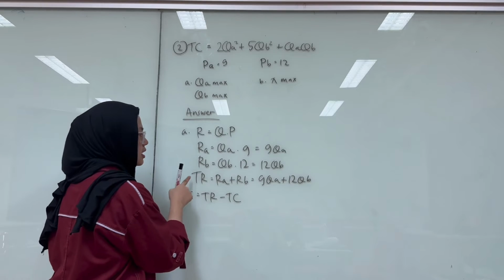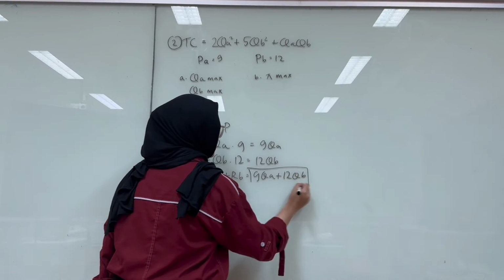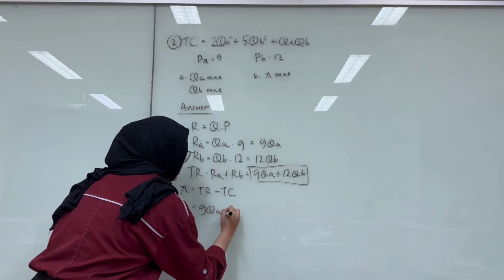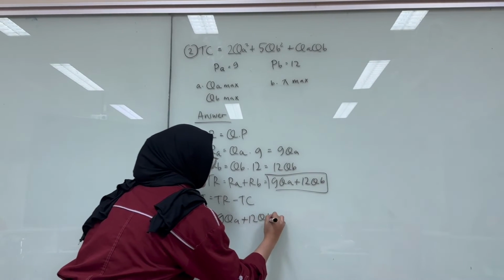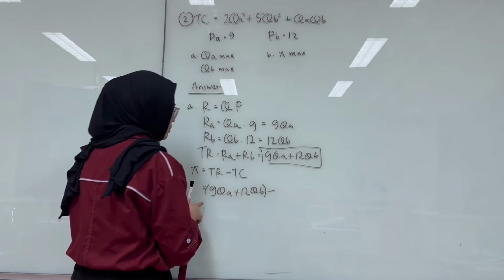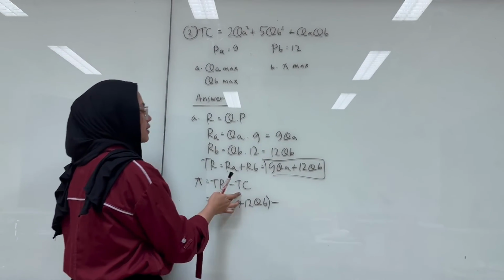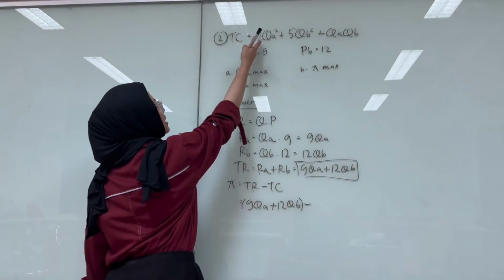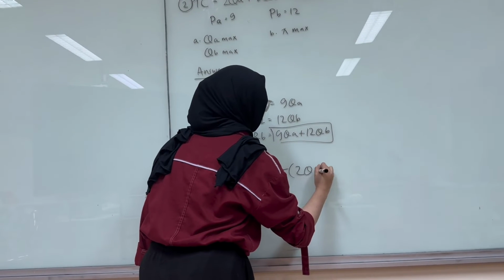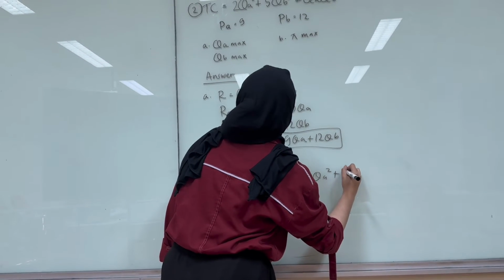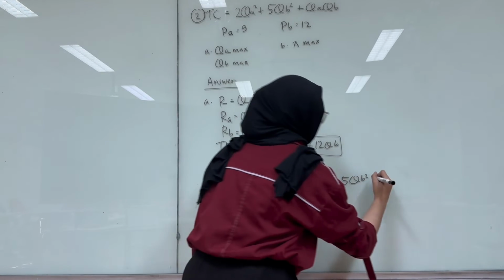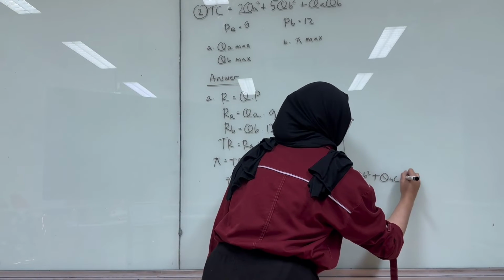We have this total revenue function, so we just write it down, 9 QA plus 12 QB, and minus, we bracket the total cost function from this question: QA to the power of 2 plus 5 QB to the power of 2 plus QA times QB.